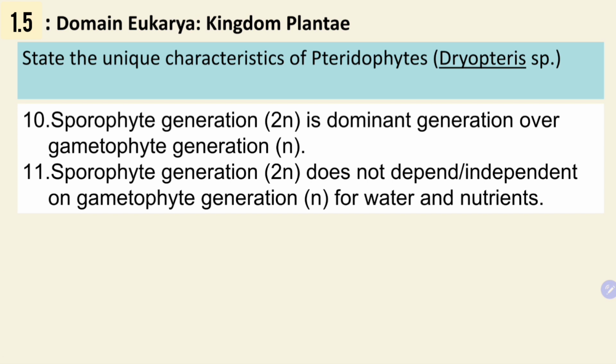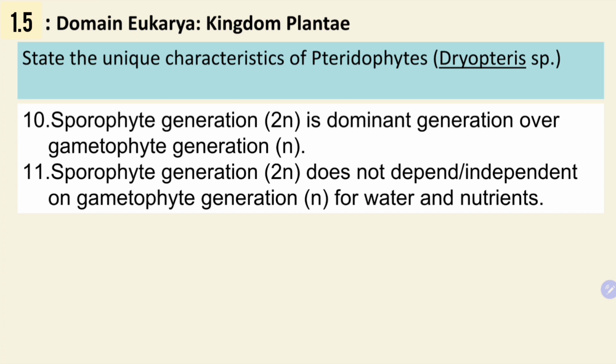Next, the sporophyte generation is the dominant generation over the gametophyte generation. This is not the same as Bryophytes, it is the reverse. In Bryophytes, the dominant generation is the gametophyte, but in Pteridophytes, the dominant generation is the sporophyte. This means the sporophyte has a larger size and longer lifespan compared to the gametophyte generation.